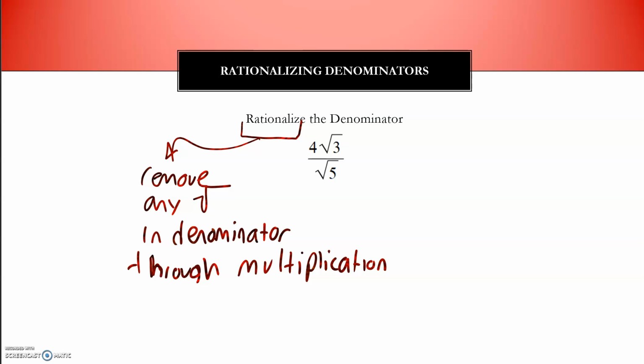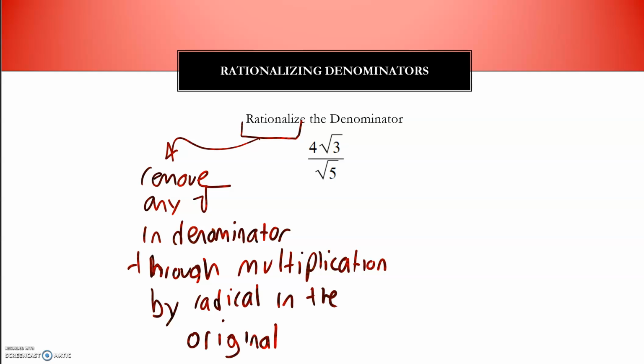So what we are going to do here is multiply by the radical, I'll write out the word there, in the original denominator. So it's square root of 5 here. So we are going to multiply by square root of 5.